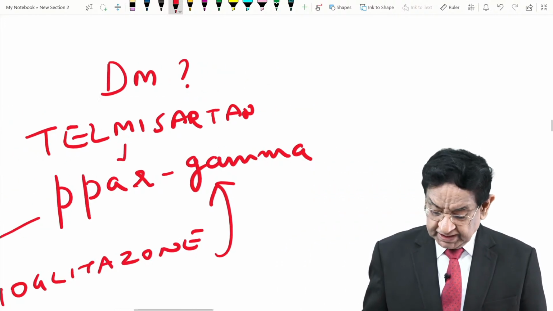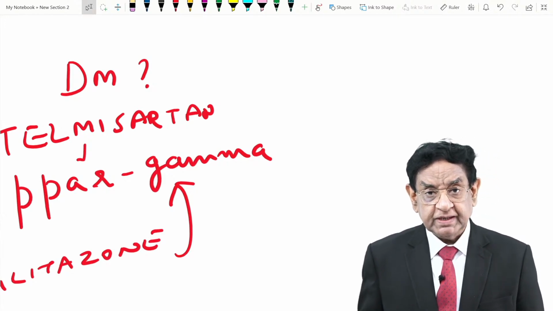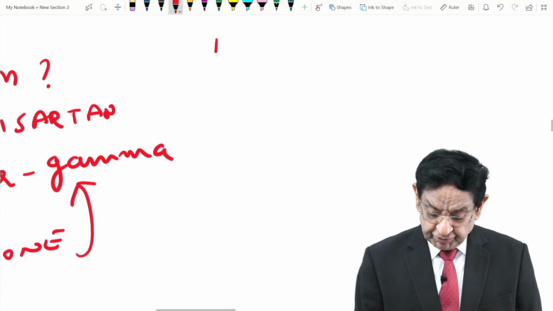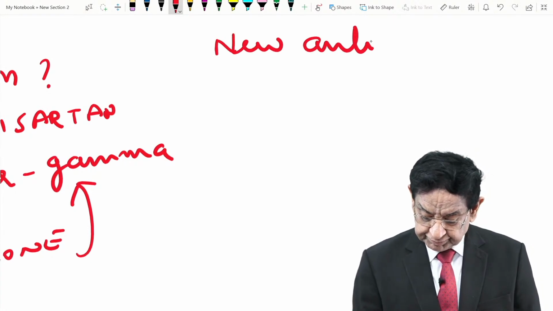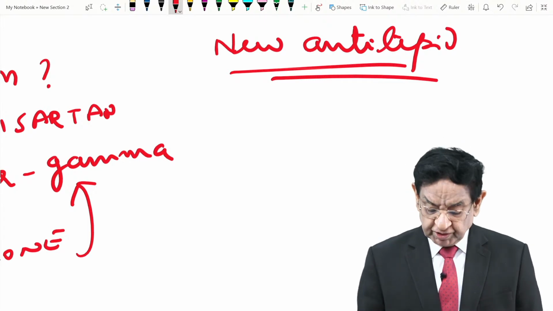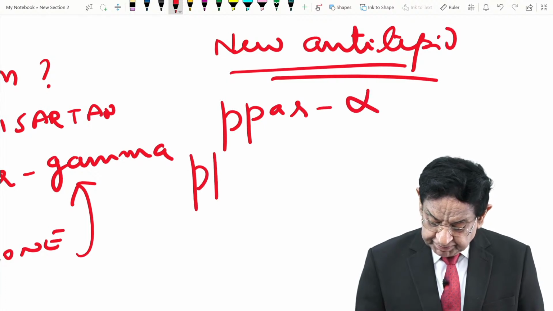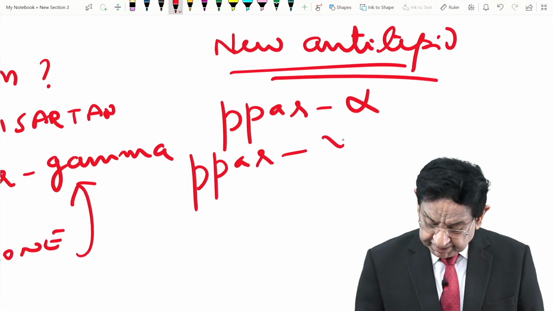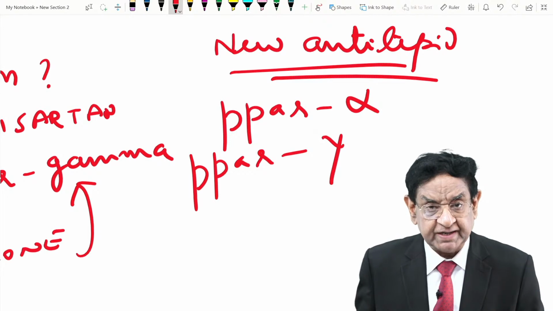Okay. Now we got a new anti-lipid drug which acts on the PPAR alpha and PPAR gamma receptors. Write down the answer. What is the name of that drug?